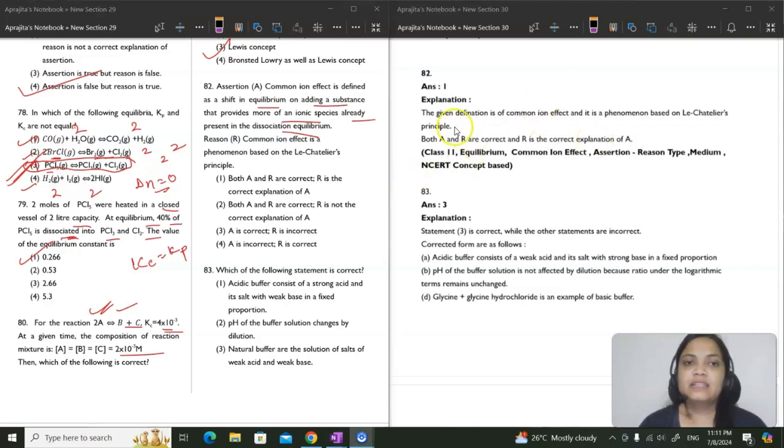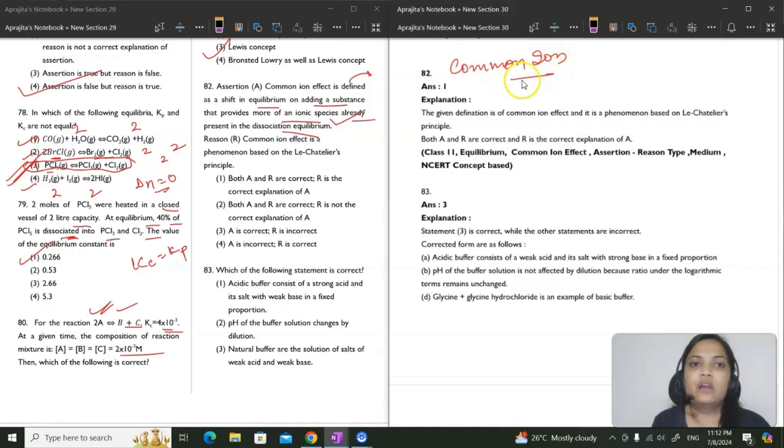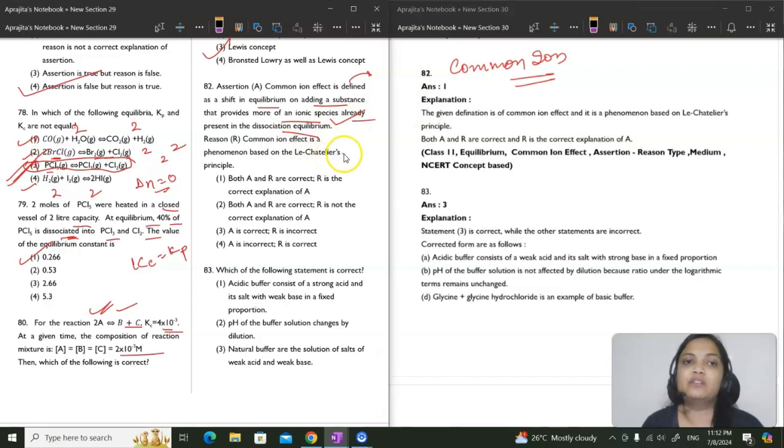It says that if we are having a certain amount of ionic species already present in the equilibrium, and we are adding a substance that will provide more of that particular ion, there will be a shift in the equilibrium, and that shift will be in accordance with the Le Chatelier's principle. So it means both assertion and reason are true, and reason is the correct explanation of assertion.